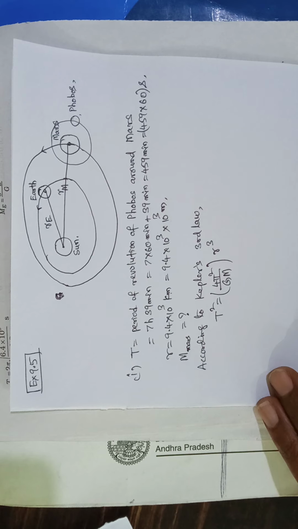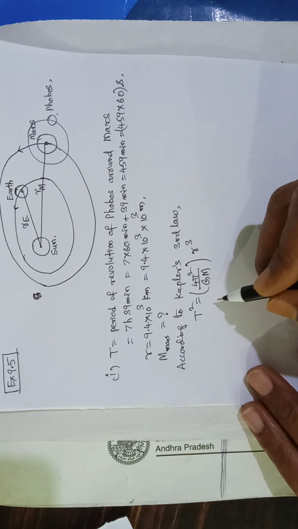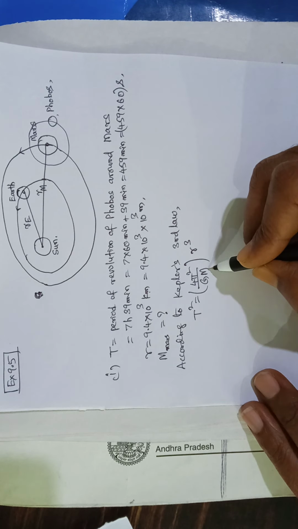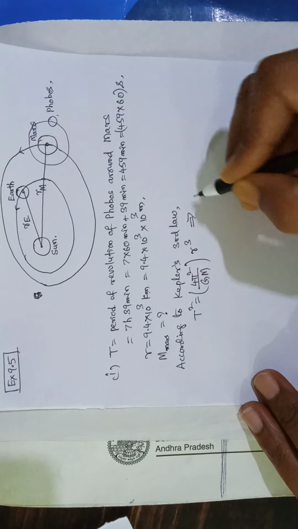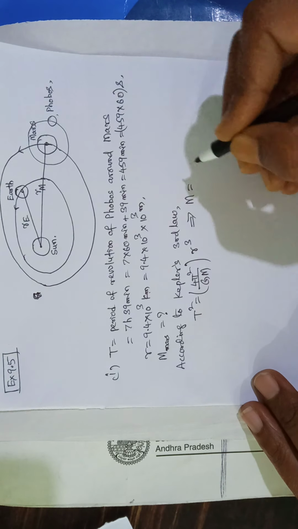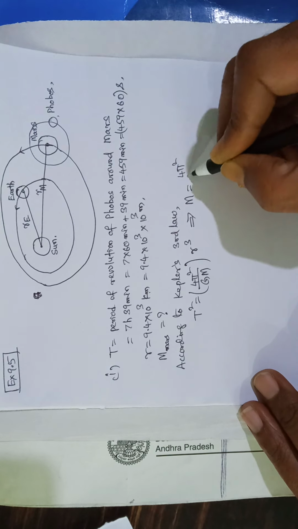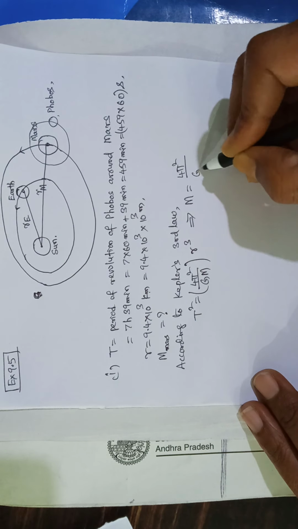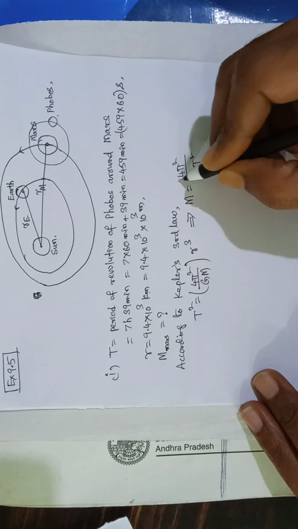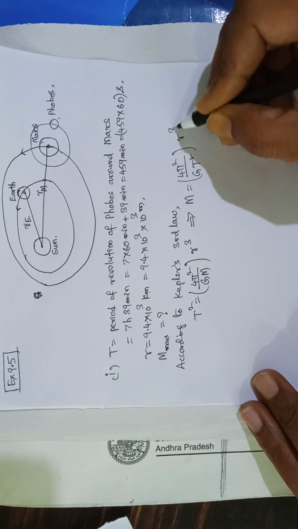So here mass is asked. So M is equal to 4 pi square by G T square into R cube.